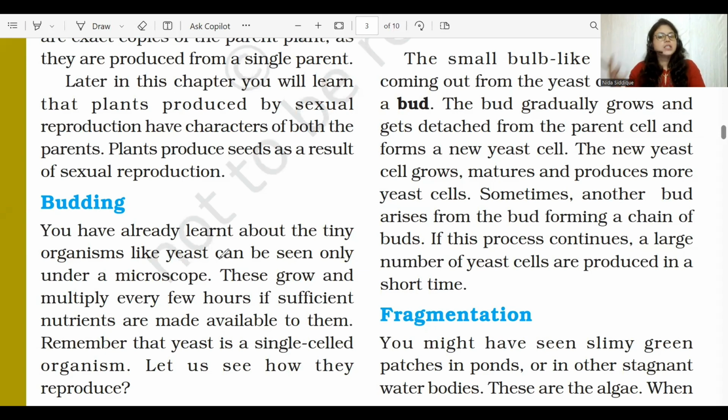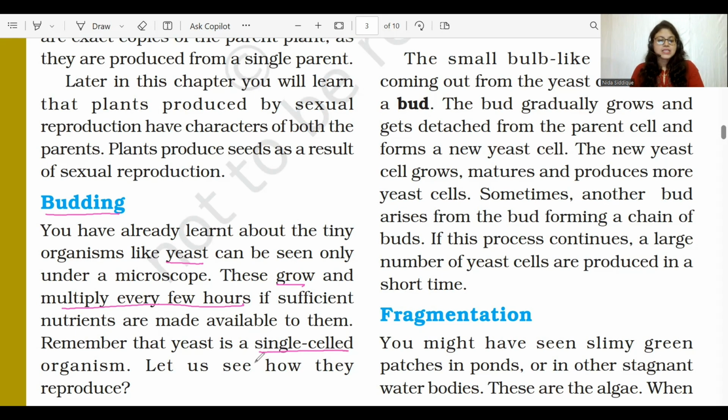Now, there are many living organisms that reproduce asexually. The different methods are, let's look at the first one, budding. There are tiny organisms like yeast, and they can be seen only under the microscope. They grow and multiply every few hours if sufficient nutrients are available to them.